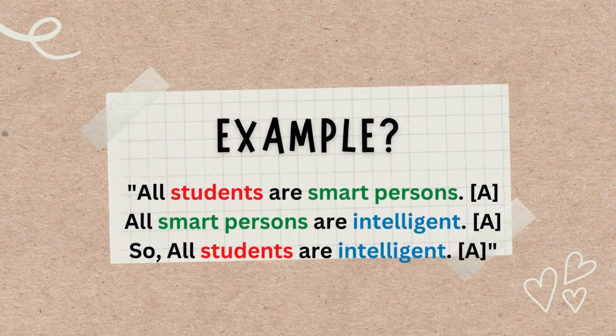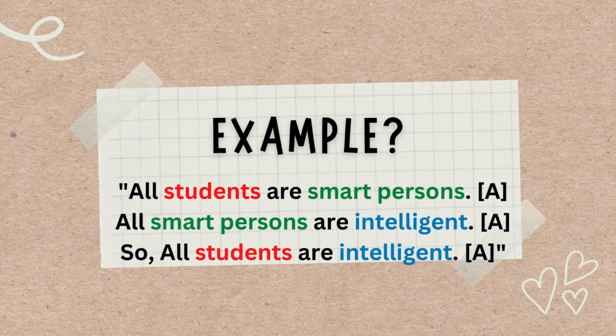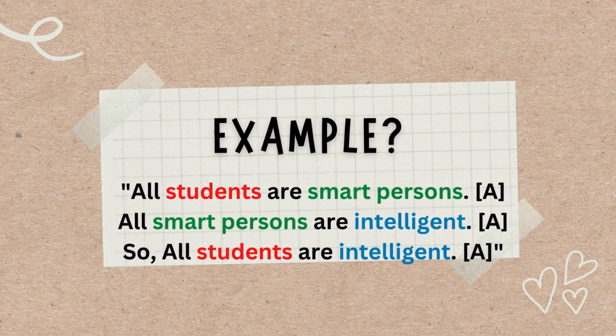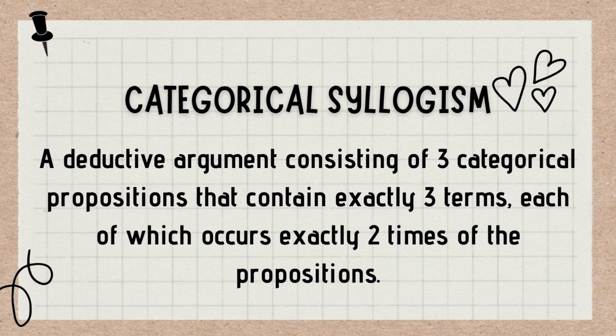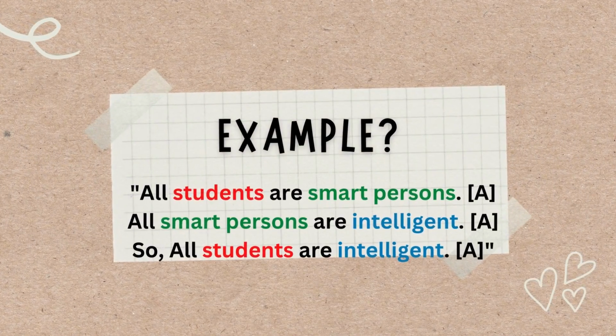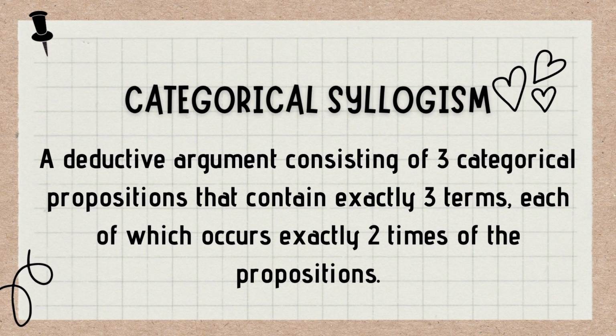As you see, each term occurs two times: student, student; smart person, smart person; intelligent, intelligent. This is what we call a categorical syllogism, a deductive argument consisting of three categorical propositions, number 1, number 2, and number 3, that contain exactly three terms, each of which occurs exactly two times.